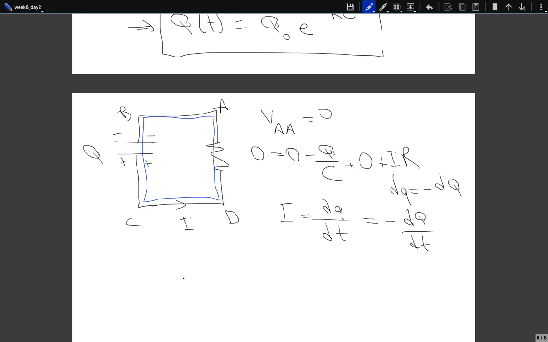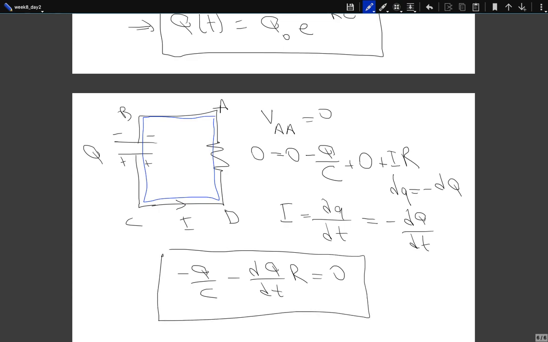Now if we put back minus Q over C minus dq over dt times r is equal to 0. Well, this is in fact exactly the same equation that we wrote before. So I change my convention. Instead of choosing the current to be positive in that direction, now I choose it to be positive in this direction.